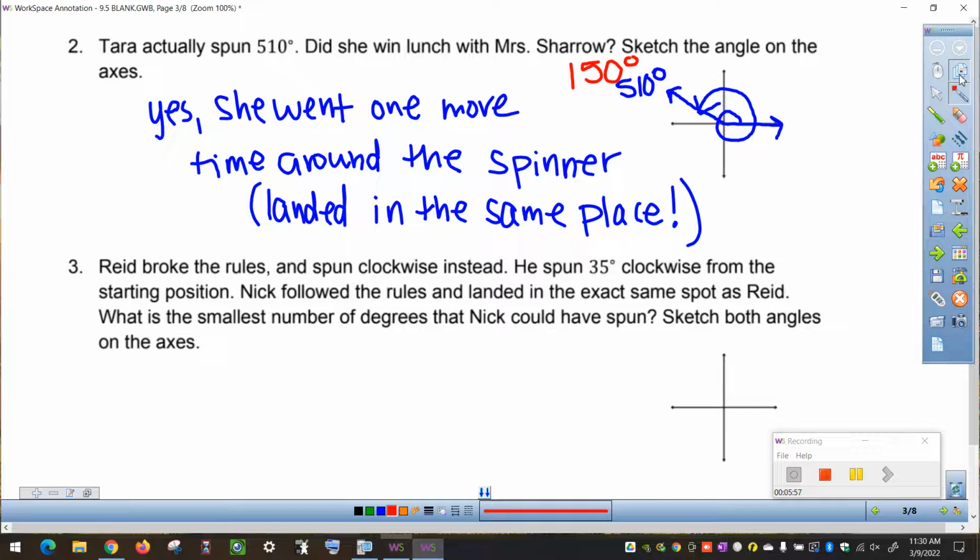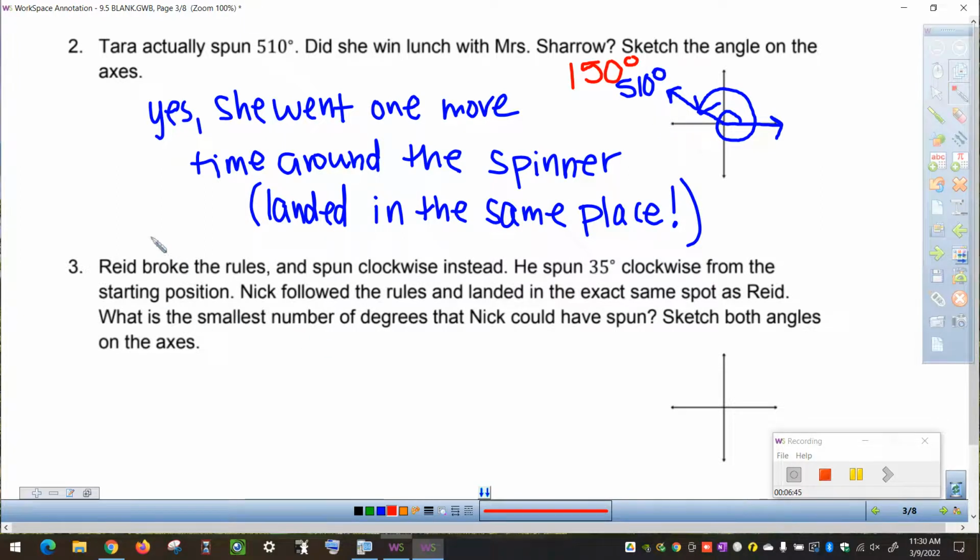Well, how many degrees do we go if it's one full time around a circle? How many degrees are in a circle? 360 degrees. So another way to think about this is that if we started at this measure here of 150 and we just go around one full more time, we're really just adding 360, and that's how we get the new measure of 510.